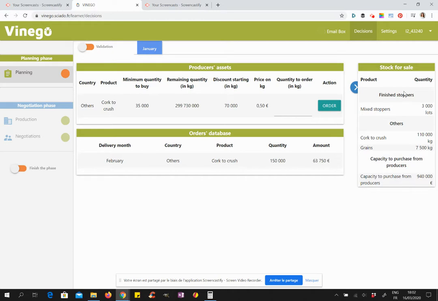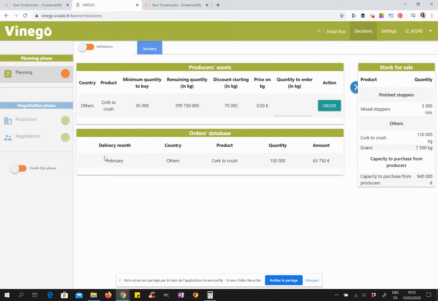So before ordering, do the stock, then have a look at the needs of these three final clients, and finally decide if the quantity that you need to order to your producer will be enough to help you sell for January as well as for February.